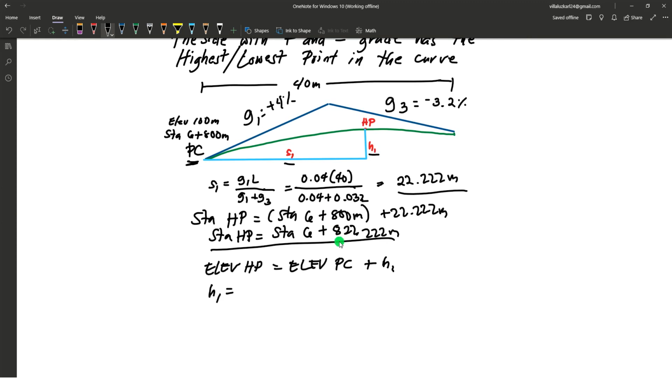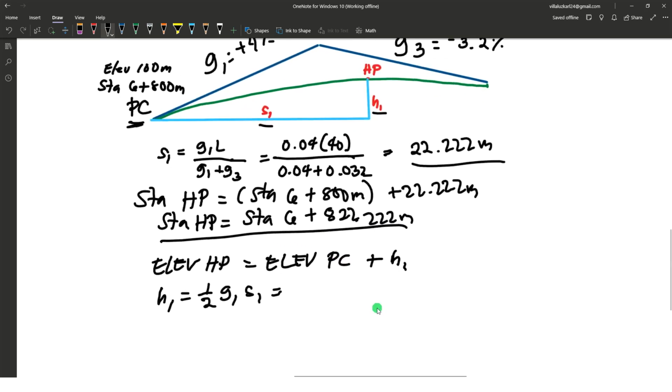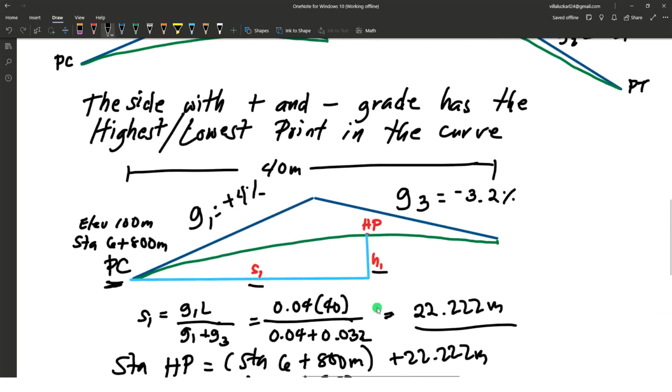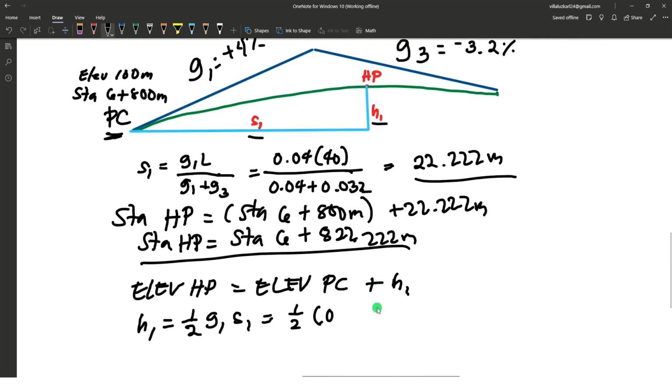H1 is equal to one half G1 S1. We already have S1, and G1 is 0.40464%, and S1 is 22.222.